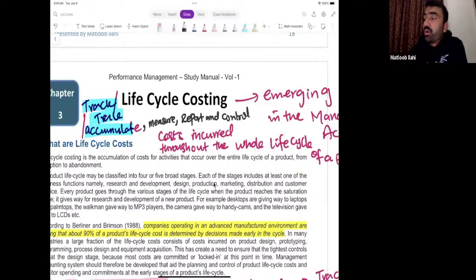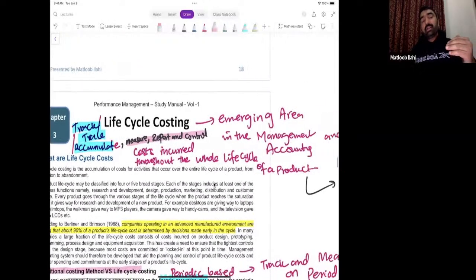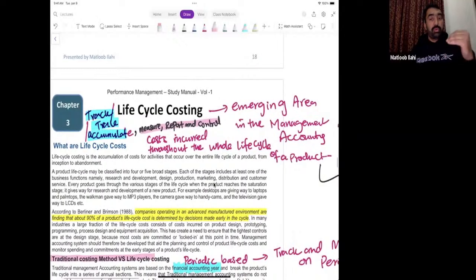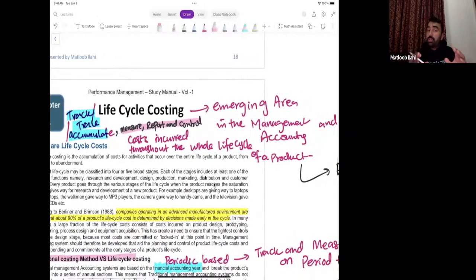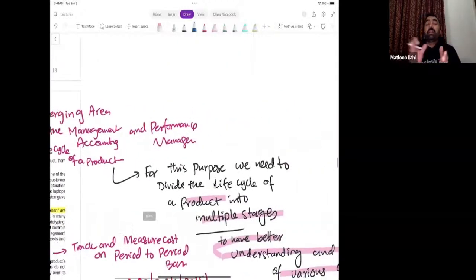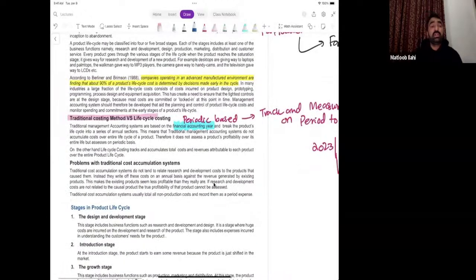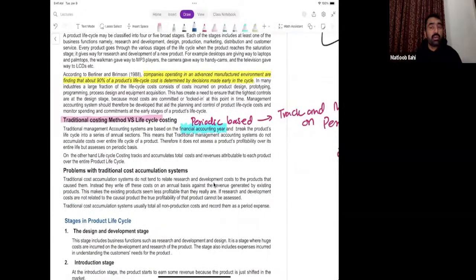I am writing this just for your broader knowledge of what management accounting and performance management are about. So under life cycle costing, we track, trace, accumulate, measure, report, and control all costs incurred throughout the life cycle of our product. So for that purpose, we divide the life cycle into various stages. Okay, so traditional costing method versus life cycle costing.